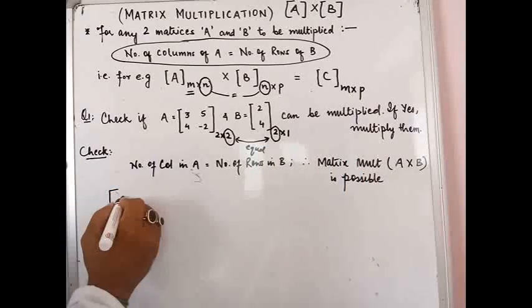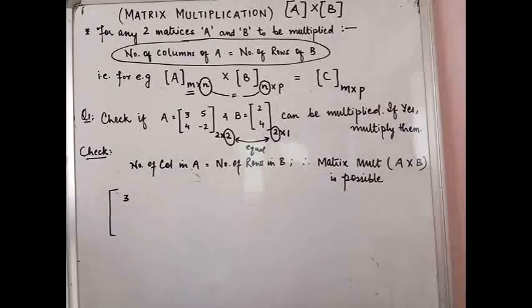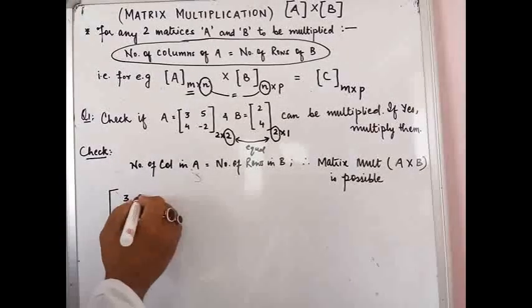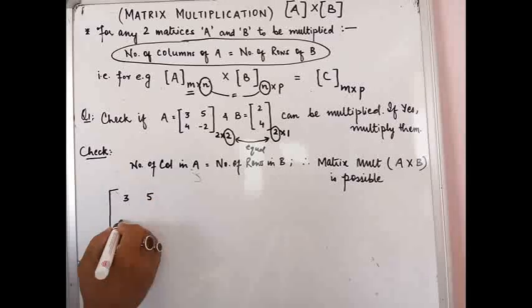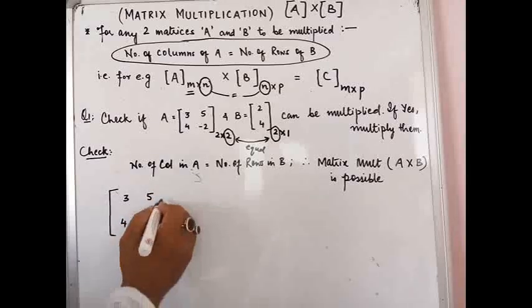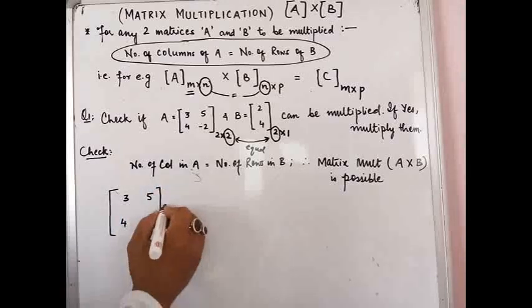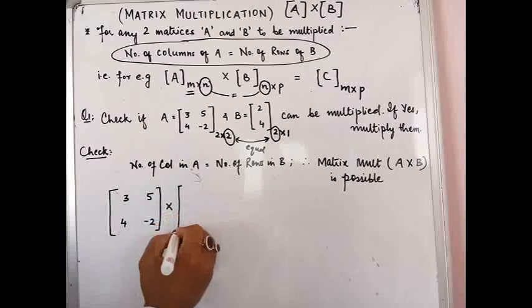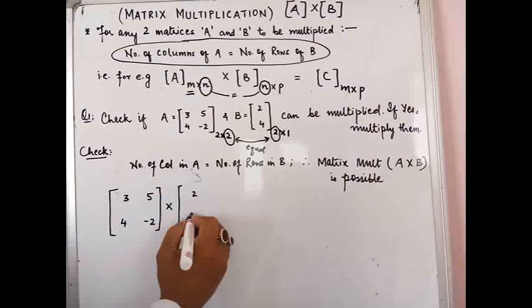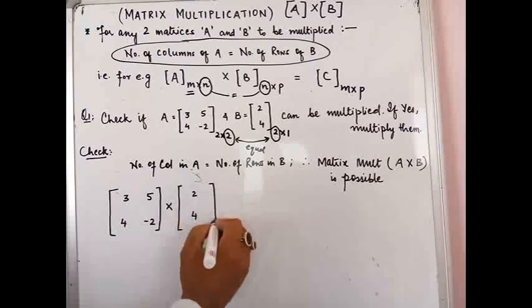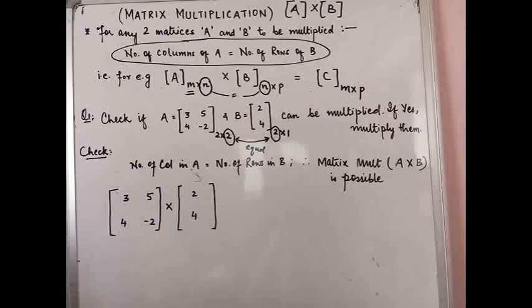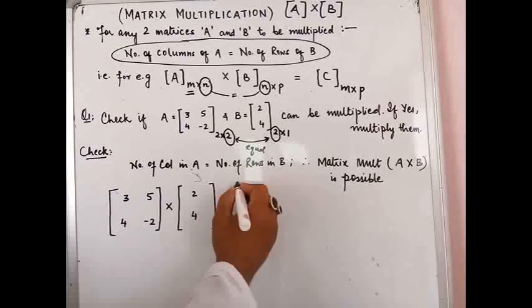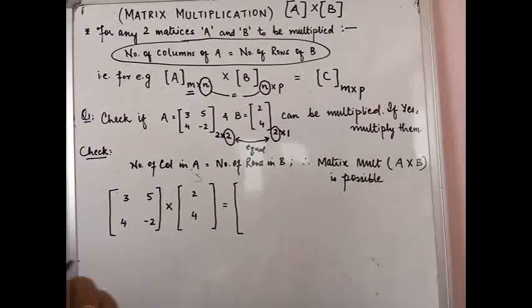Now please have a very careful and very clear look at the way it is being done. You have 3, 5, 4, minus 2 as your first matrix, multiplied by 2 and 4 as the second matrix. So for matrix multiplication, what is the procedure?